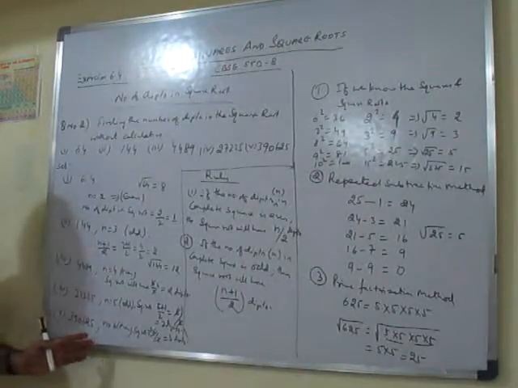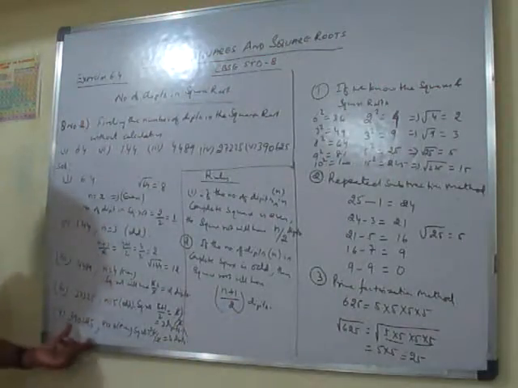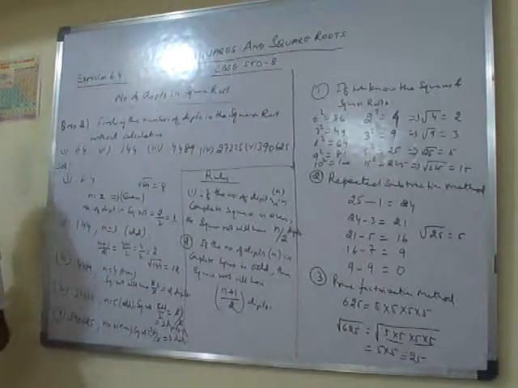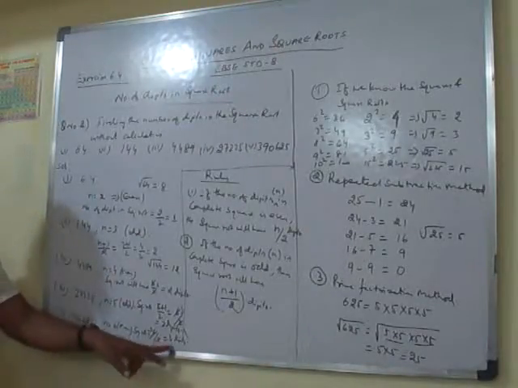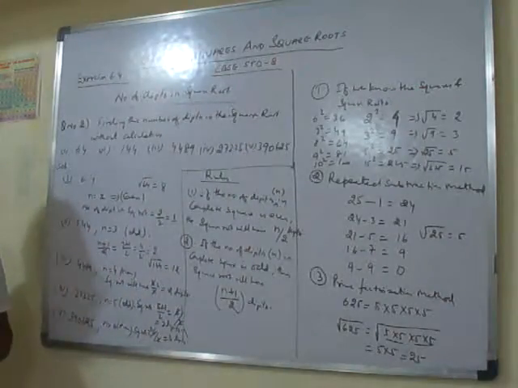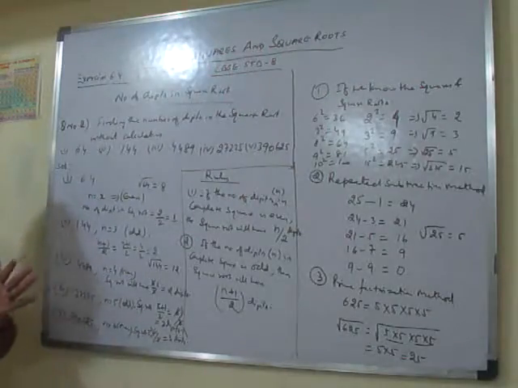Suppose you are finding its square root by the long division method, it will tell you whether you are moving in the correct direction or not. If this is not matching with the square root you have found, then it means some problem is there, and we need to recheck again.